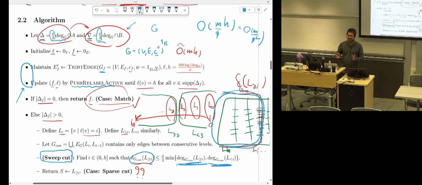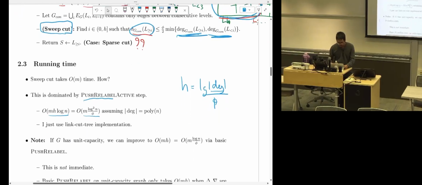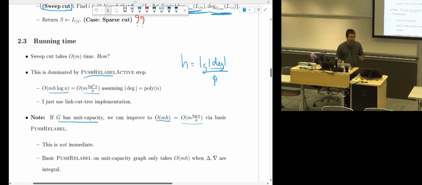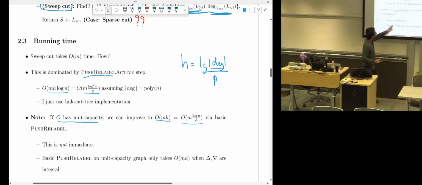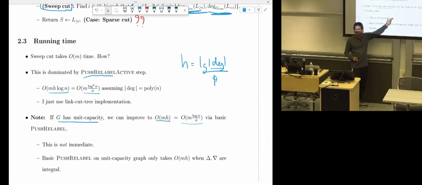But I want to note quickly that if the graph has unit capacity, you can really just pay mh actually, and you get this better running time. This is not immediate, as I said, because source and sink are not integral.